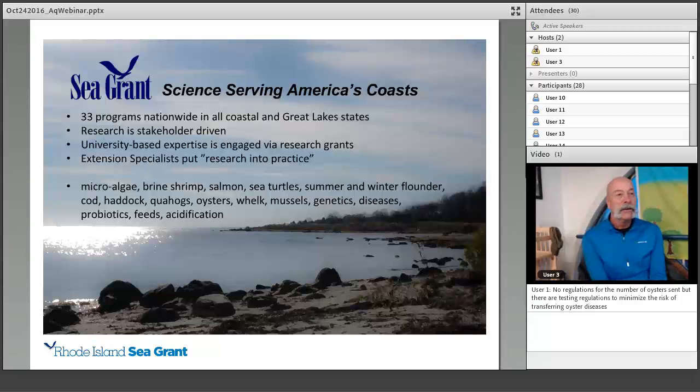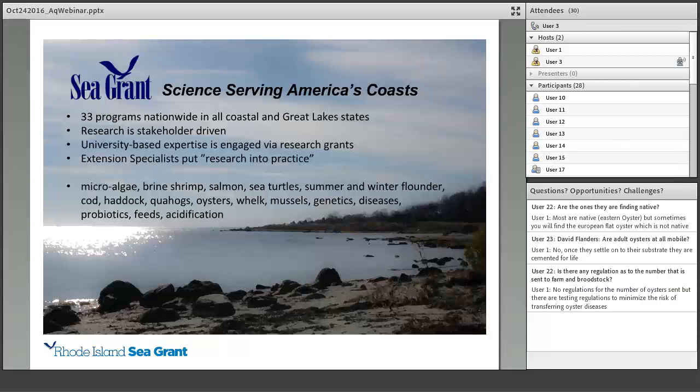Sea Grant, just to give you a very brief nugget of what the Sea Grant program is: there are 33 programs nationwide, and all of the programs have a couple of components. The largest component is funding of research. The research that goes on is really through university-based systems, so we fund academics to do research in particular areas.